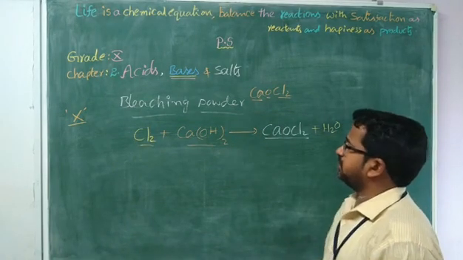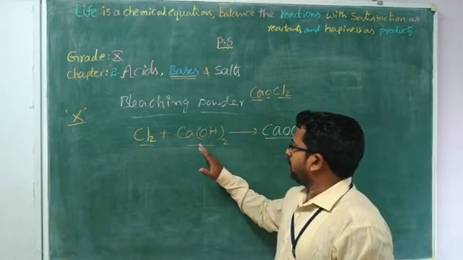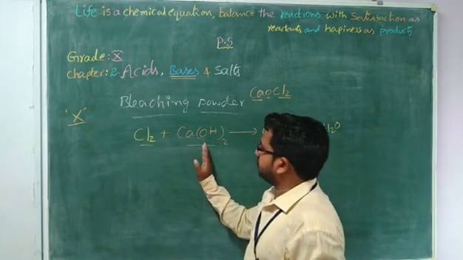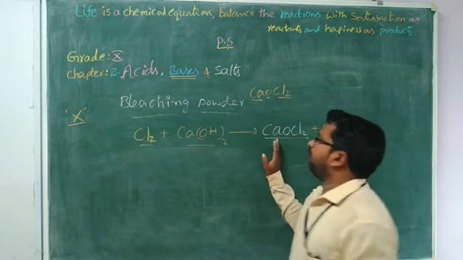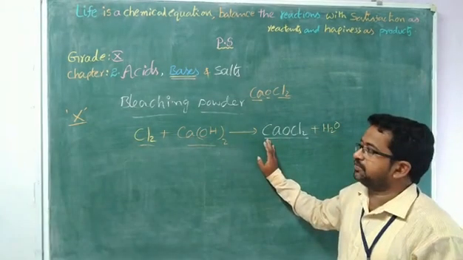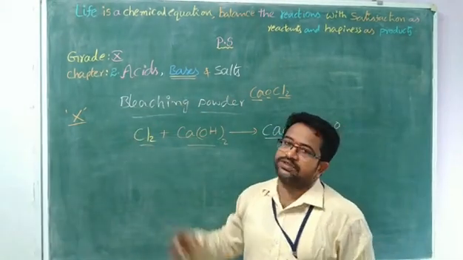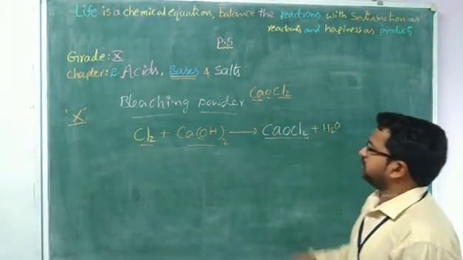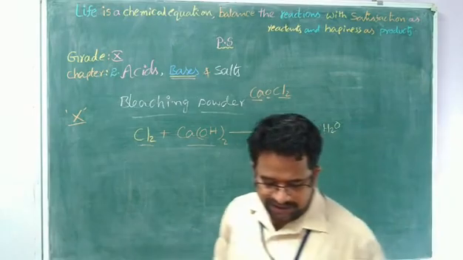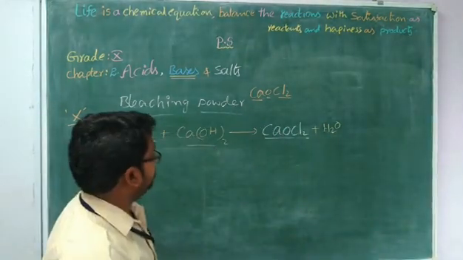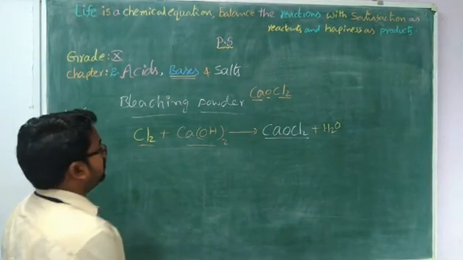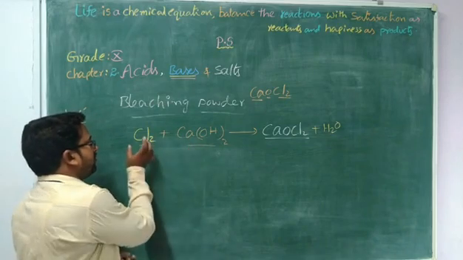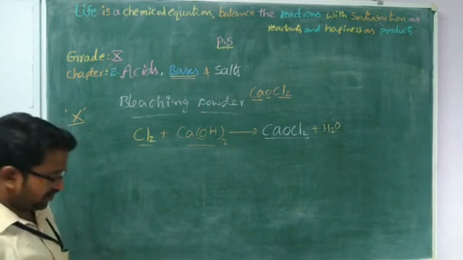Otherwise the question may be asked like this: dry calcium hydroxide is treated with X and bleaching powder is obtained. Then what is X? You will go for chlorine. If you know the equation, however the question is asked, you can easily analyze it. Have you understood how bleaching powder is prepared? Dry calcium hydroxide and chlorine give bleaching powder.